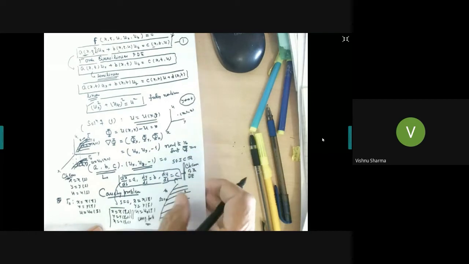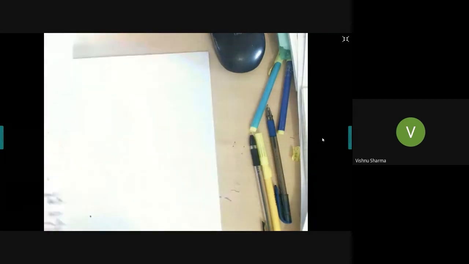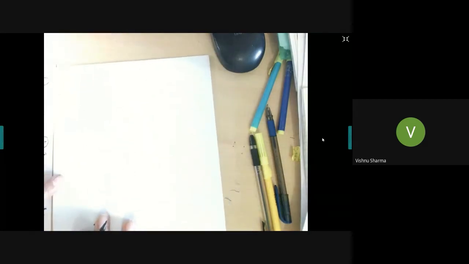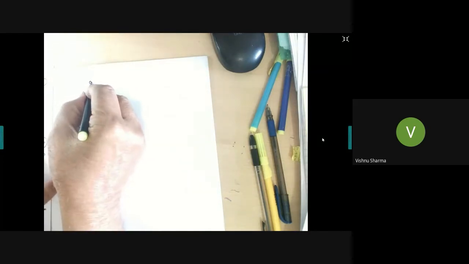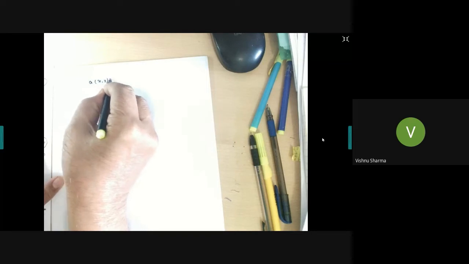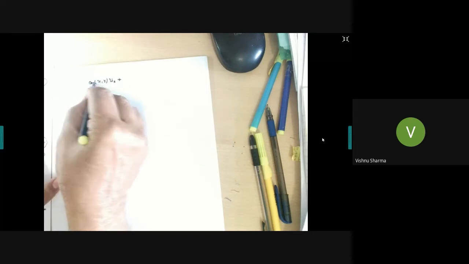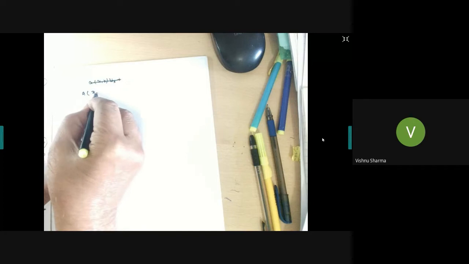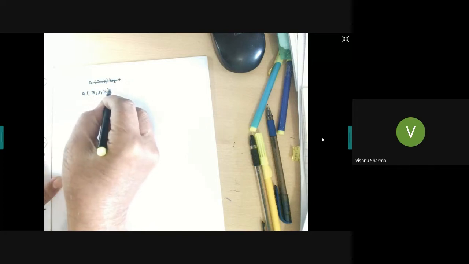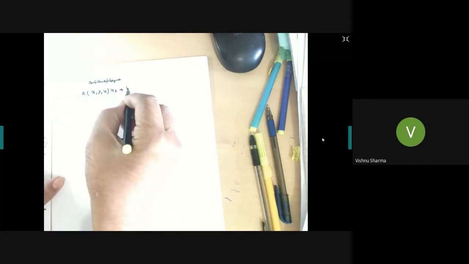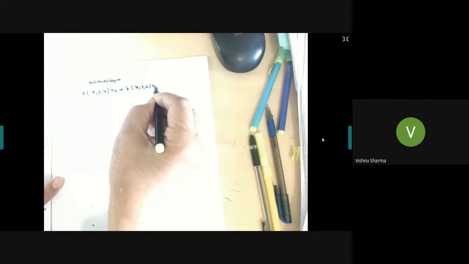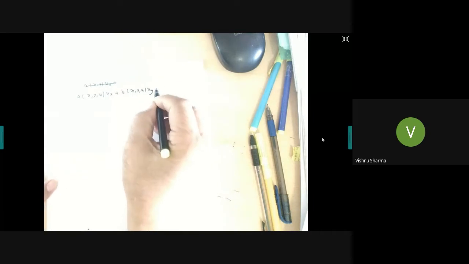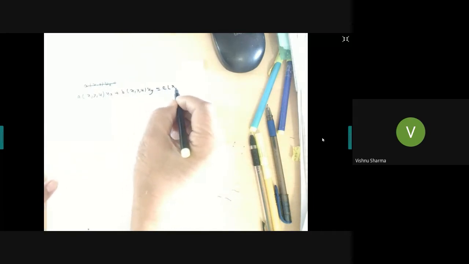So let me write. This is the equation that is under consideration: a, which is a function of x, y, and u, times ux, plus b, which is a function of x, y, and u, times uy, is equal to c, which is a function of x, y, and u.